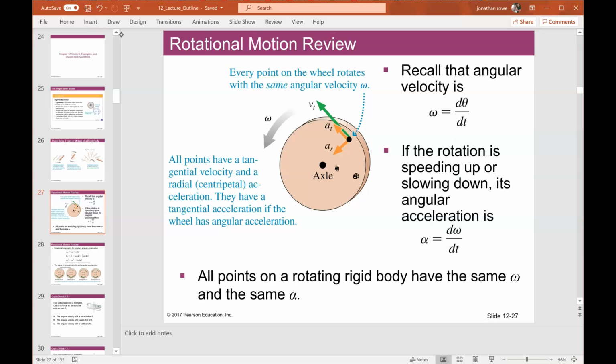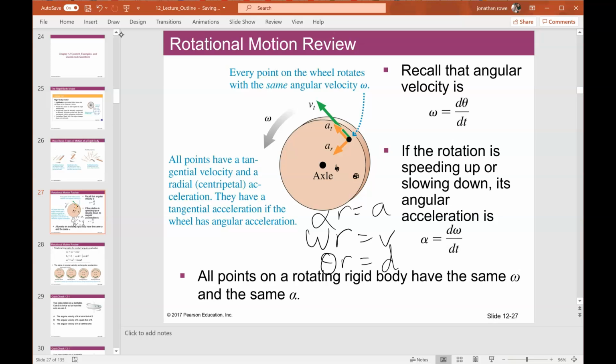Remember how those are related: omega multiplied by r gives you the linear velocity. Alpha multiplied by r gives you the linear acceleration. Theta, the angular position or the change, times r gives you the distance or the circumference. Remember, omega is d theta dt, alpha is d omega dt, and so on and so forth.